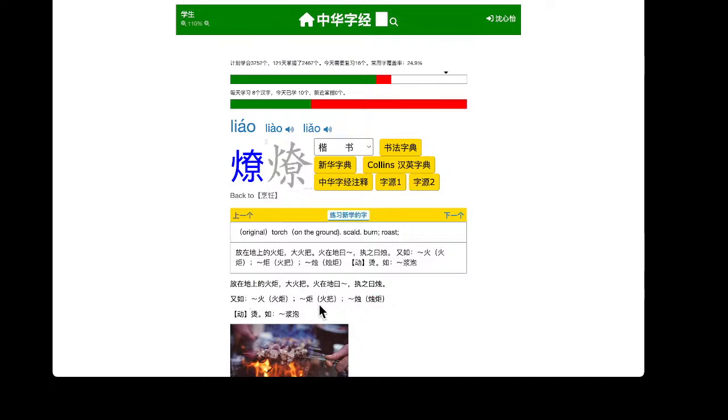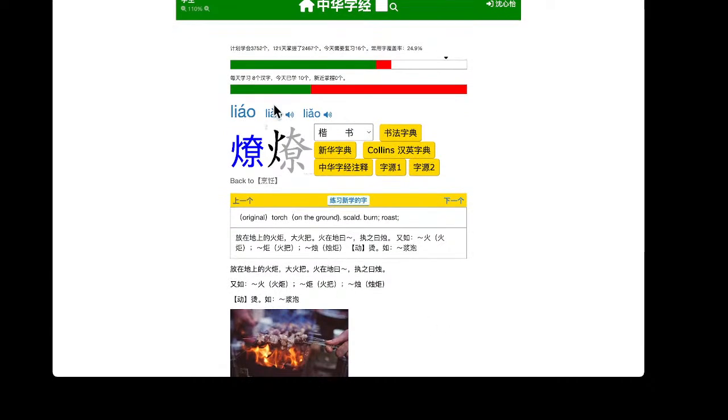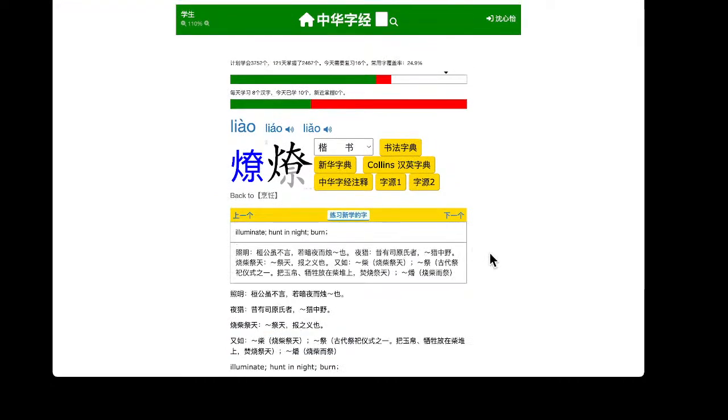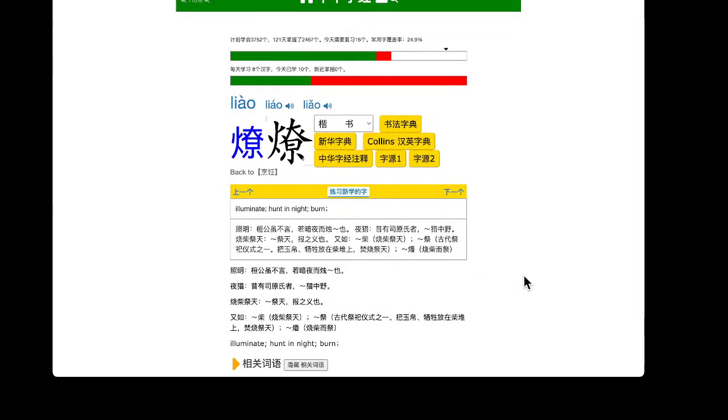Now, when you say the second pronunciation, it means illuminate or burn or hunt in the night. Why do they hunt in the night using the 燎猎?